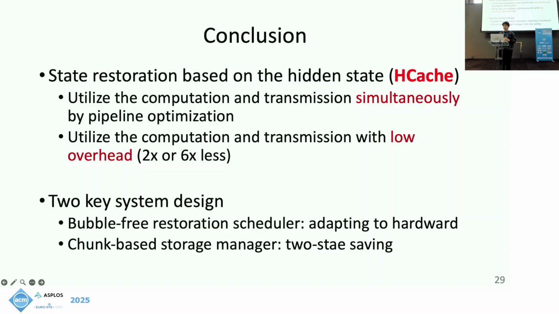Also, we introduced two key system design techniques: a bubble-free restoration scheduler, which combines different restoration techniques to adapt to various hardware characteristics, and a chunk-based storage manager, which groups tokens into chunks and uses a two-stage saving mechanism to avoid influencing the hidden state generation.